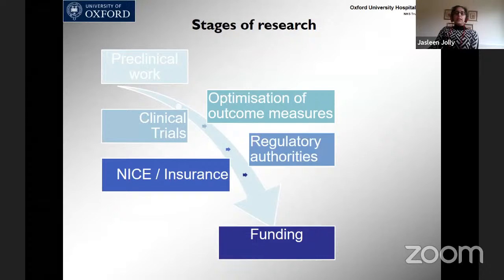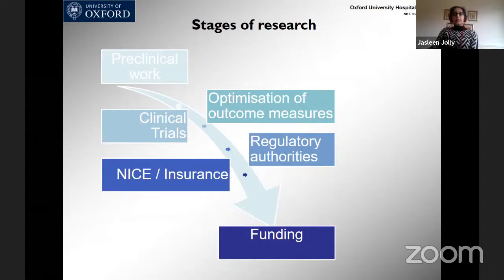Then depending on which country you're in, the funding of the healthcare system is different. In many countries, it's insurance. In the UK, we're very lucky to have the National Health Service and NICE, our body, who review the information and decide whether that treatment will be available to patients on the NHS.